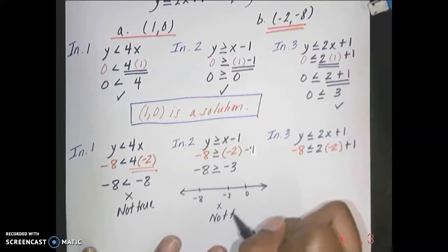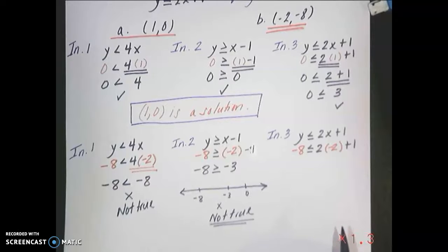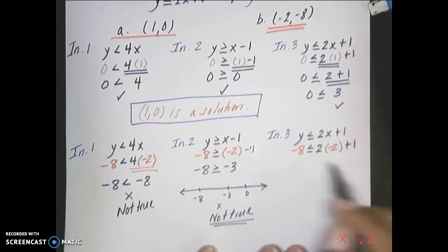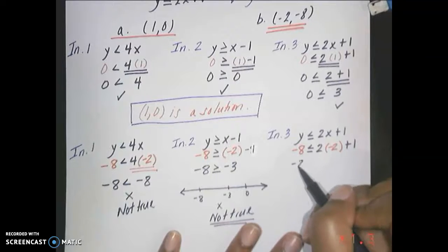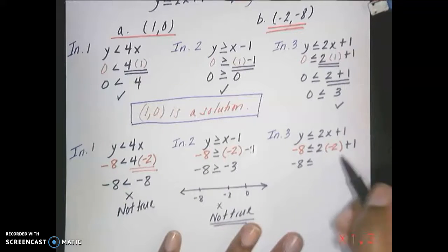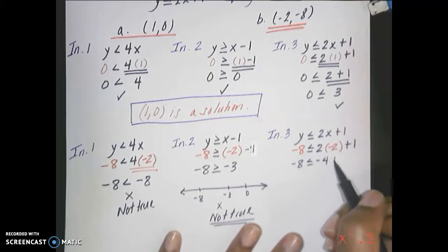And listen, if you have to draw yourself a little number line, then you just do what you've got to do. So I'm going to try this next one here. You have the same negative 8 on the left-hand side, and 2 times negative 2, that's a negative 4 plus 1.